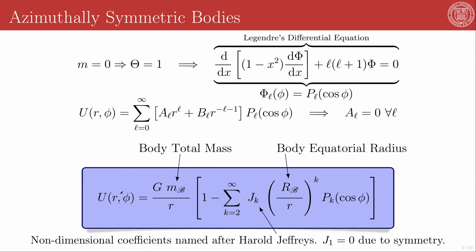And so we can write the potential of an azimuthally symmetric body acting upon an orbiting body whose position with respect to the center of mass of the extended body is given by spherical coordinates r and phi, where phi is a zenith angle, is equal to the gravitational constant times the total mass of that central body, which we call m sub b, divided by the orbital radius magnitude r times 1 minus the sum from k equals 2 to infinity of constants j sub k times the equatorial radius of the body, which we will call r sub b, divided by the orbital radius magnitude r to the kth power times the kth Legendre polynomial in cosine of the zenith angle.